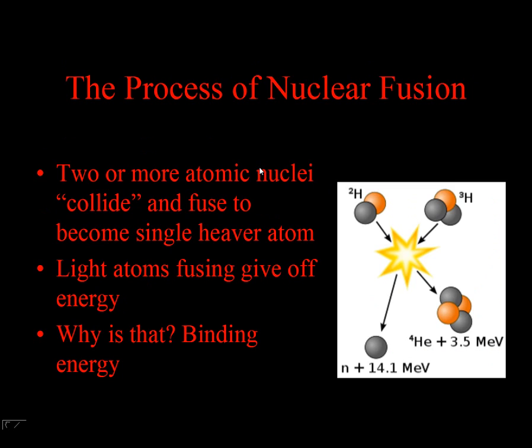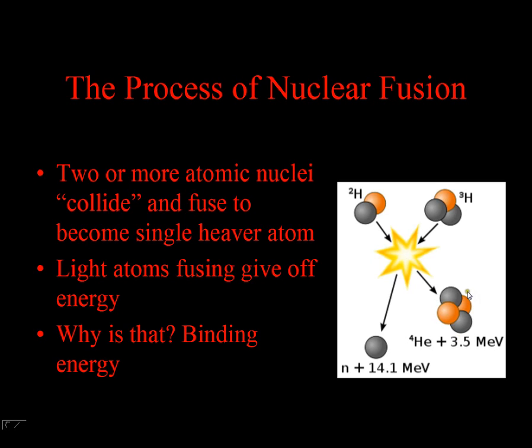So we get into the process of nuclear fusion. The process is actually quite simple. Two or more atomic nuclei, which in this example we have 2H, which is deuterium, and 3H, which is tritium. They're both different isotopes of hydrogen. And they come together and collide.